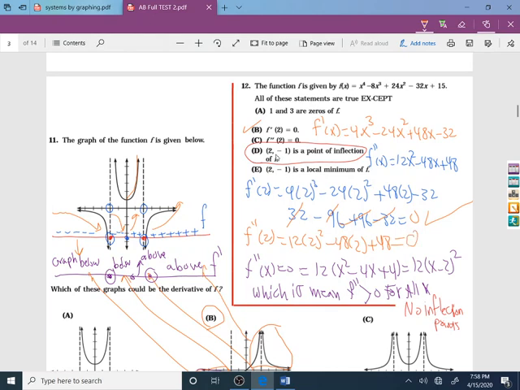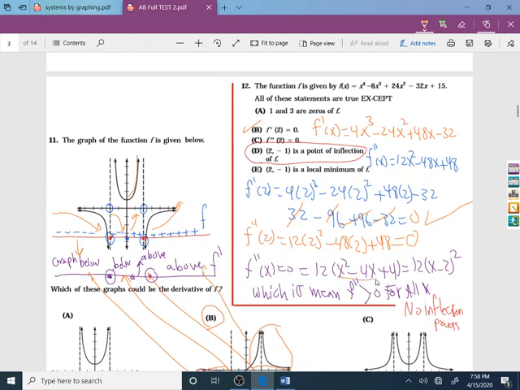Now quickly, he jumped and told me 2 and negative 1 is a point of inflection. A point of inflection means the second derivative changes sign from negative to positive or positive to negative. When I look at the second derivative here, 12 is out, x squared, 48 divided by 12, 4x, 48 divided by 12 is 4.